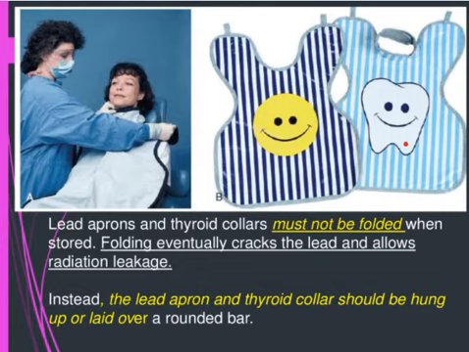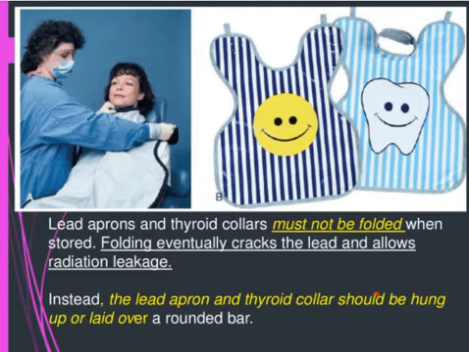Now, if you have observed, the lead apron in the lab is hung on the wall. If it is in use, you are going to either hang it on the wall after the patient, or you are going to keep it on a rounded bar.